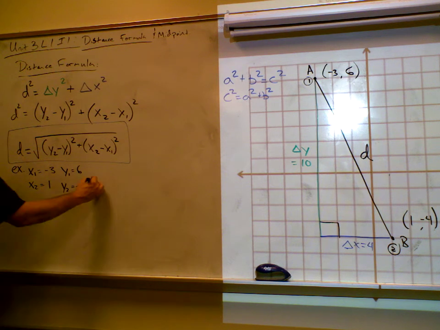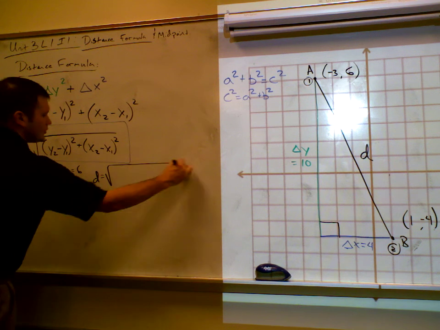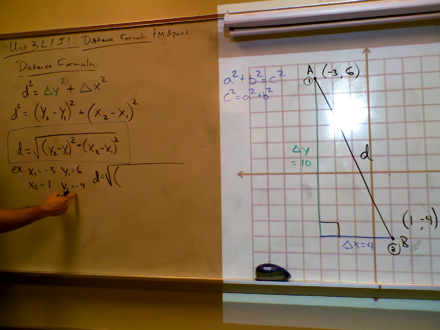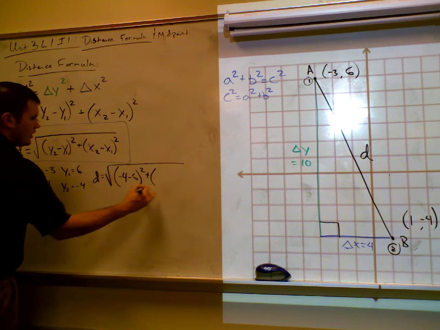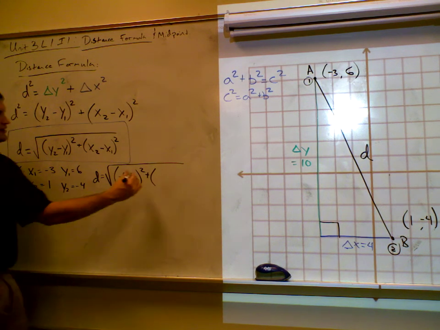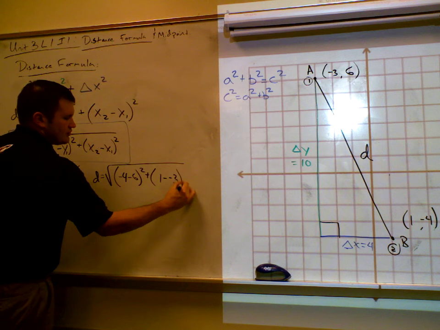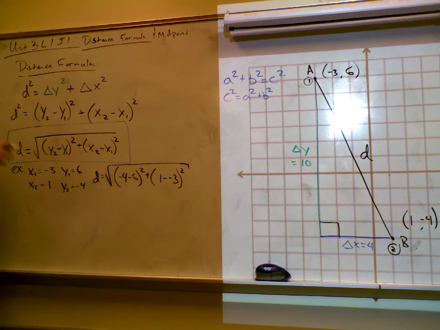So distance equals the square root of (-4 minus 6) squared plus (1 minus -3) squared. And that'll give me my distance.